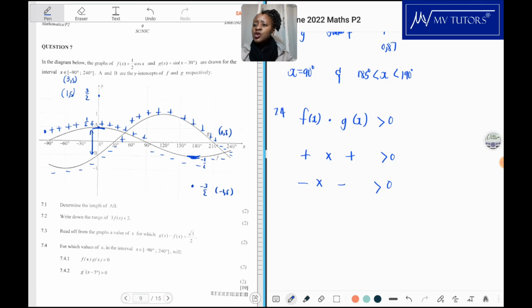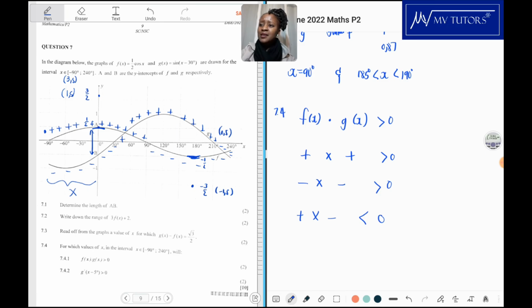Okay, so from negative 90 up until 0, our solution is definitely not bigger than 0 because we have positive and a negative. So a positive times a negative will definitely not be what we're looking for. So from here, we don't have a solution.